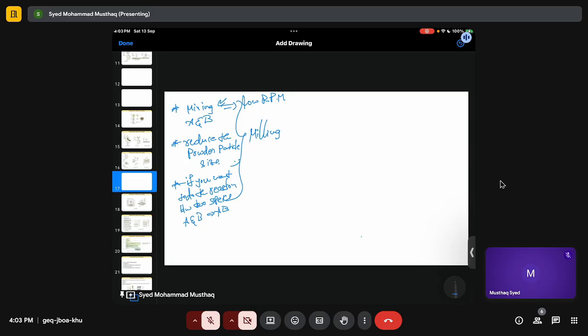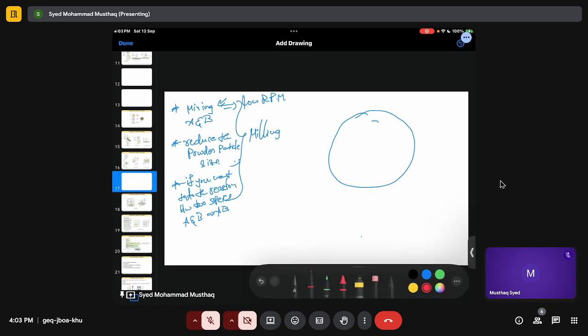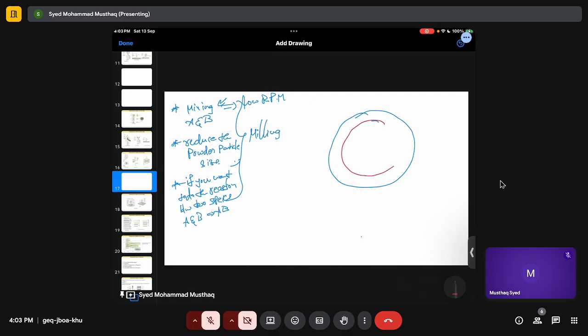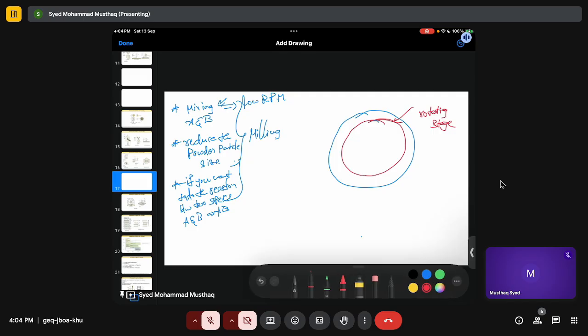So a ball mill actually looks like this. You have a rotating stage. So this is my rotating stage. And then this is the high energy ball mill that we have in our lab, and then you have 4 slots.